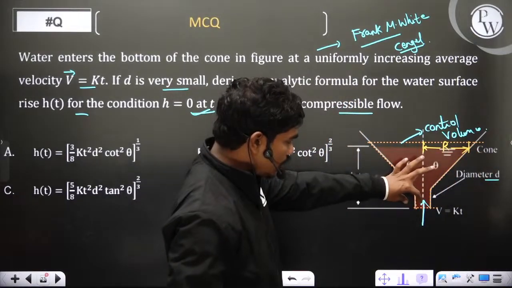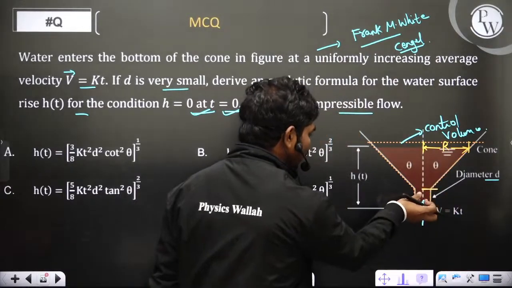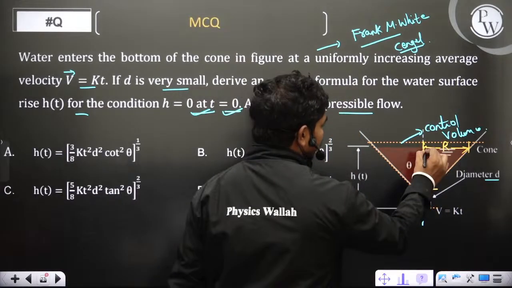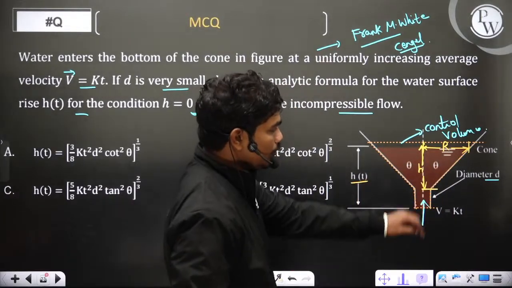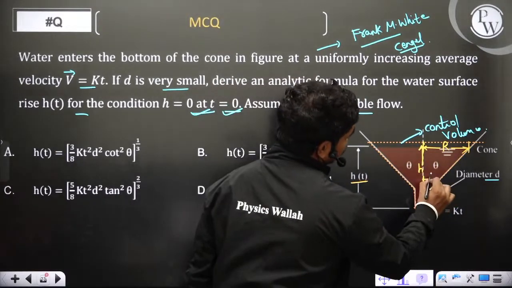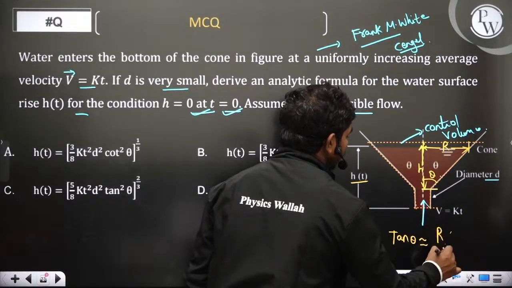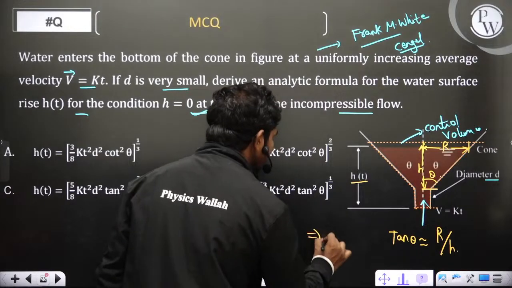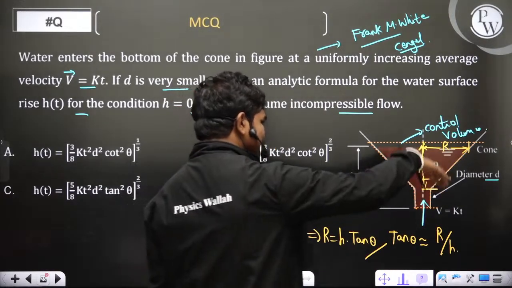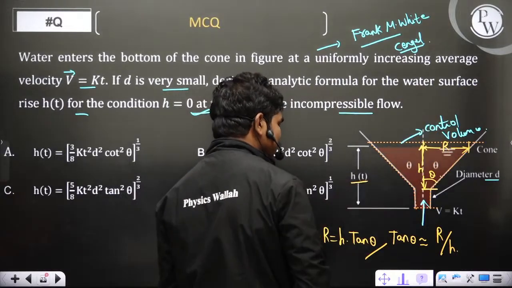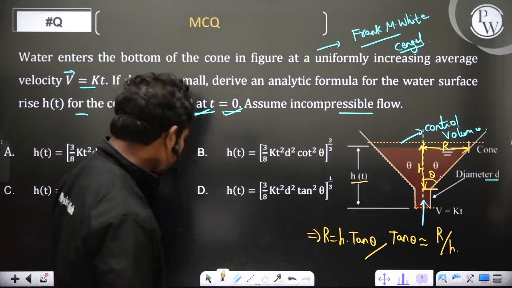If you neglect this small value, and take this as h, so you are neglecting this small channel of diameter, then if this is h at any given time, let us suppose h of t is the value, then tan theta is approximately r divided by h, so r can be written as h times tan theta. As h increases, this radius also increases, they both increase with respect to tan theta. So r is equal to h tan theta.